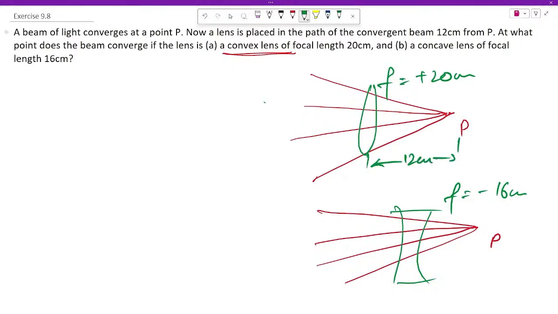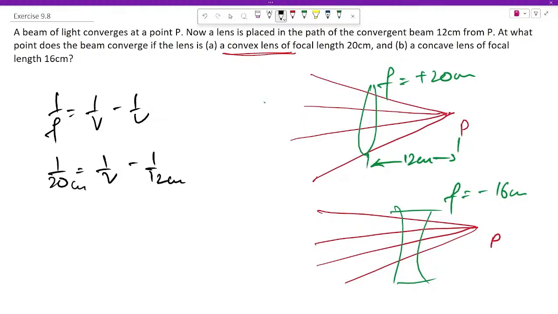So we have to find out where the beam will converge. In the first case, we will use the lens formula, that is 1/f = 1/v - 1/u. Here the object is virtual, that is, light was coming to that point, but now it is obstructed, so it is virtual. So in the convex case, 1/f is going to be 1/20, 1/v we have to find out, and u is 12 centimeter.